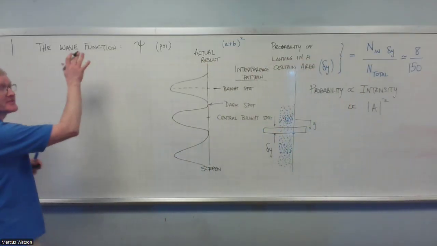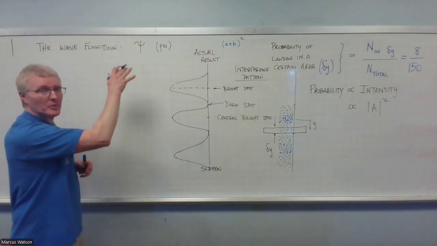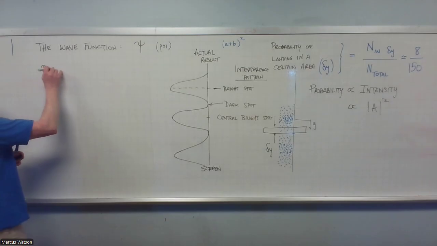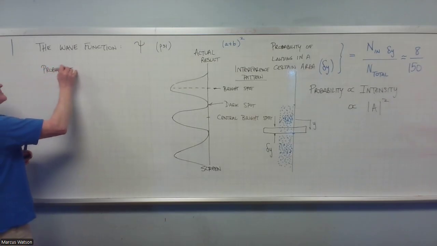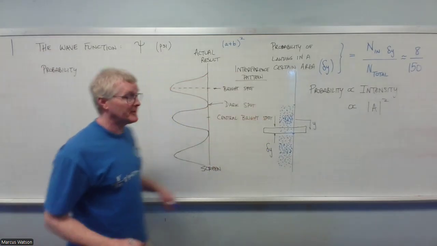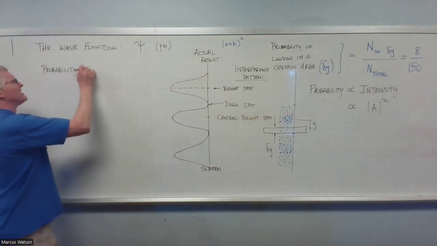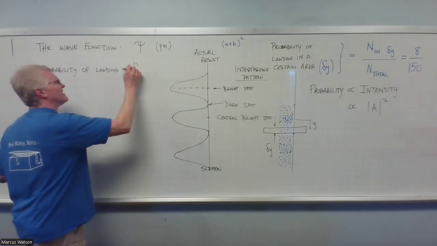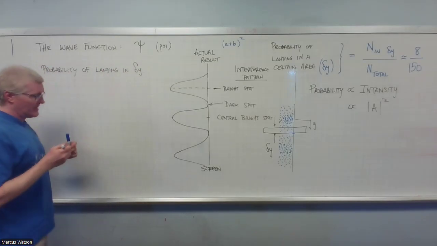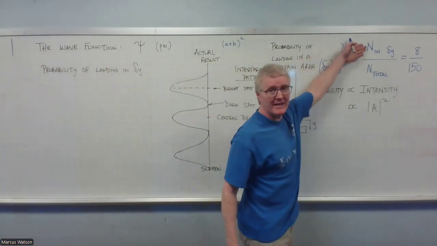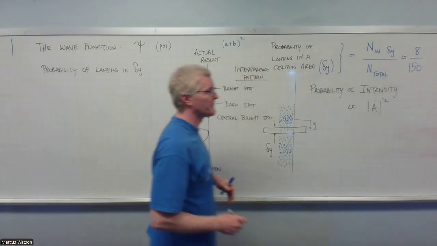So we adopt the same point of view with the wave function. We say that the probability of landing at a certain delta y is the same basic definition. It's the number that we find there divided by the total number.